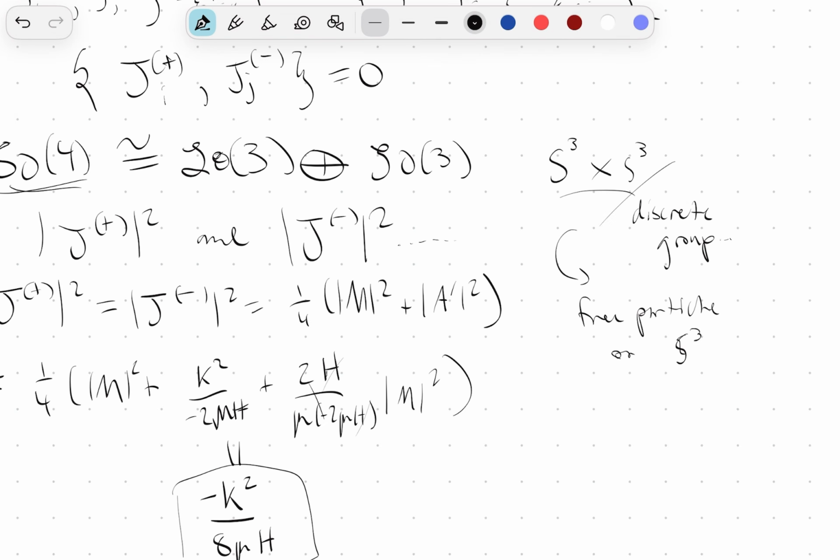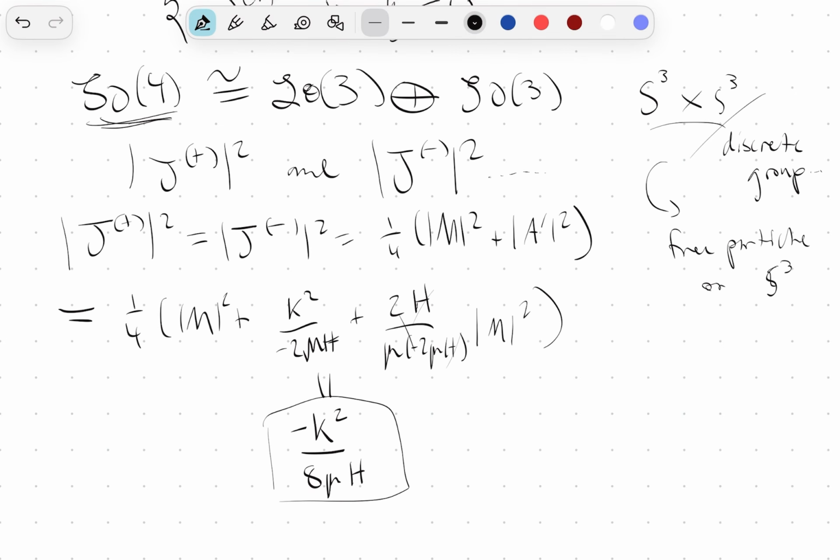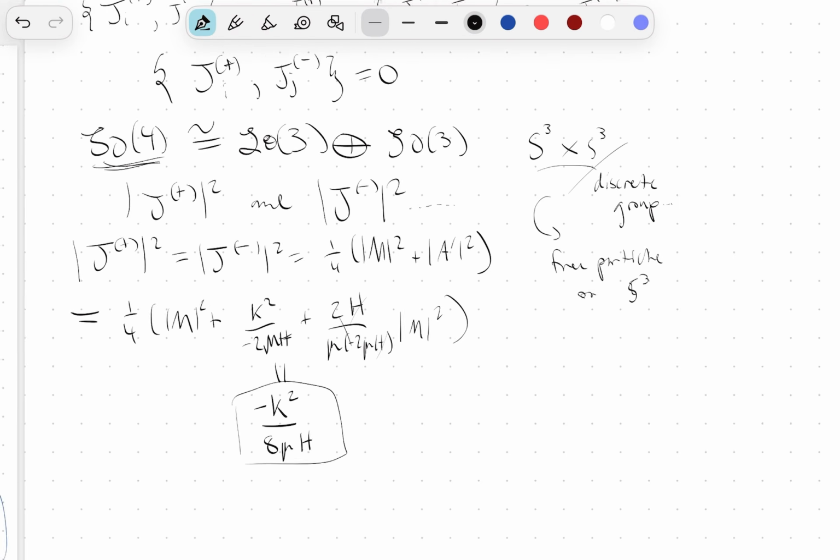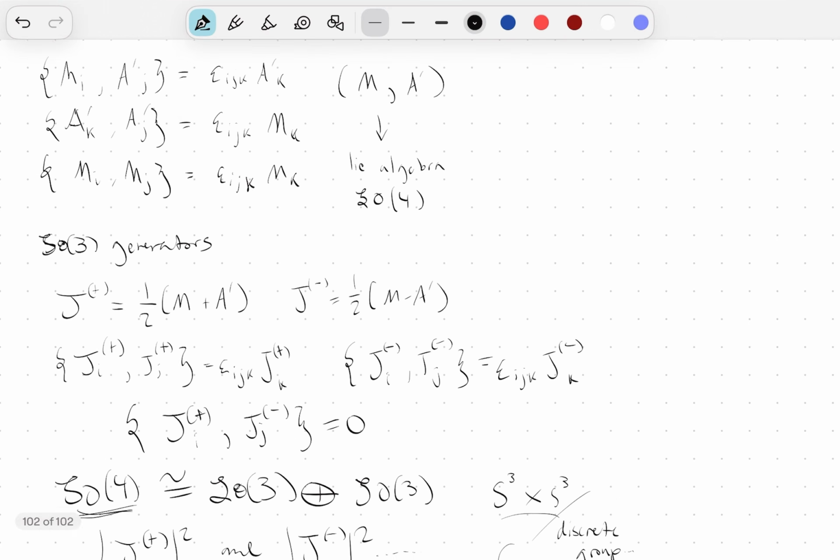And the hidden SO4 symmetry right here explains why all bound orbits really are closed ellipses, and why, profoundly, the Runge-Lenz vector points exactly to the perihelion for all bound orbits.